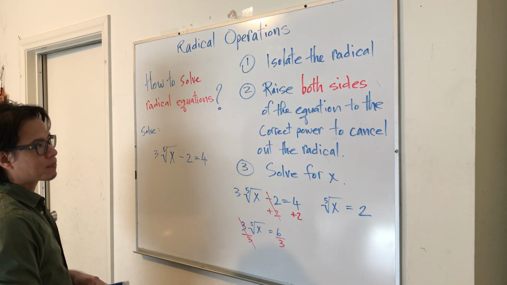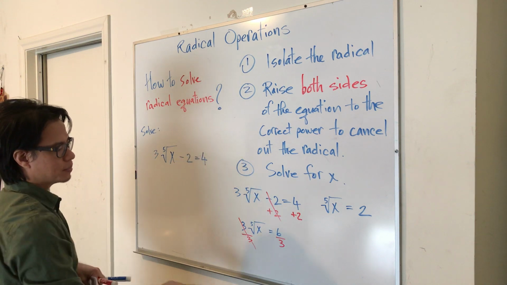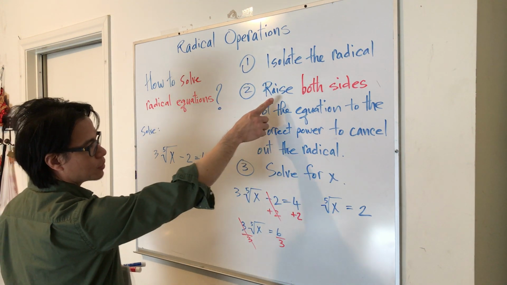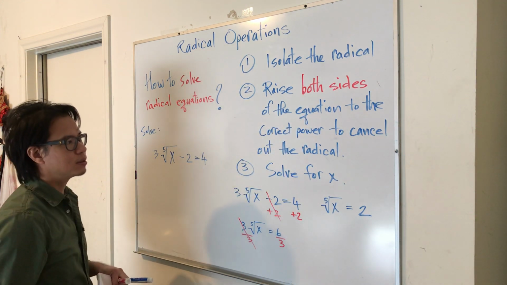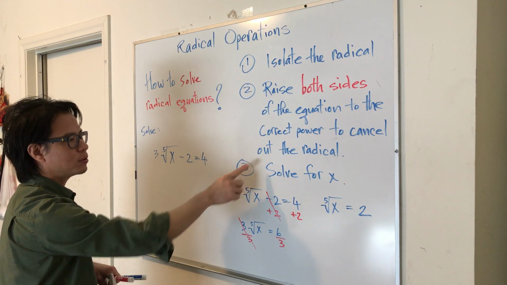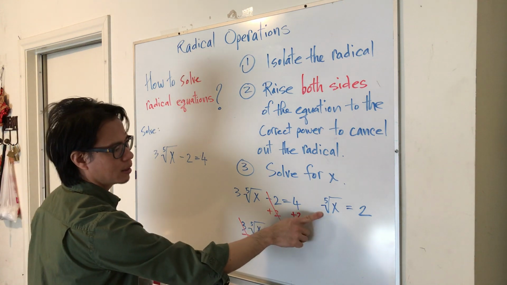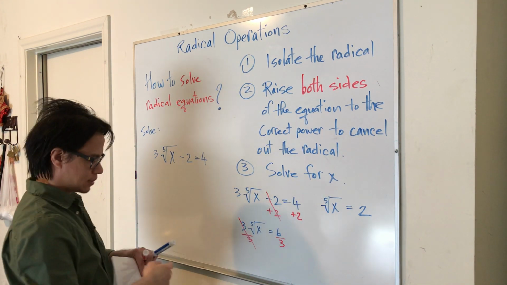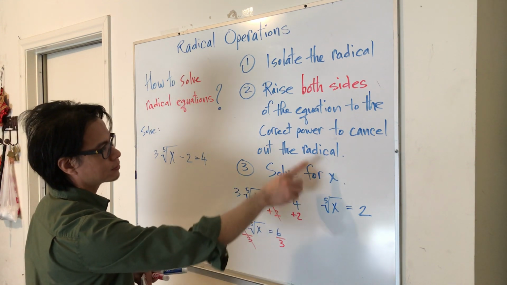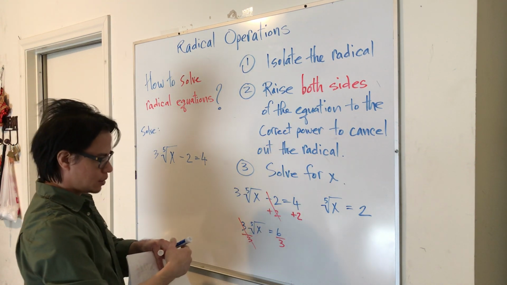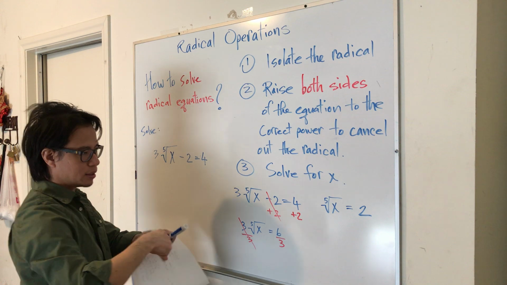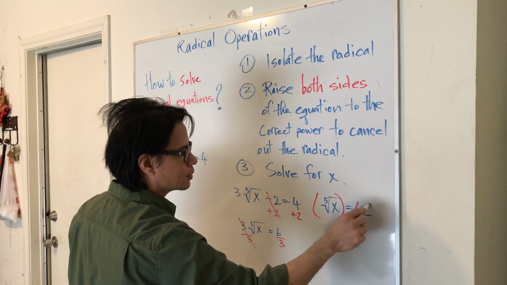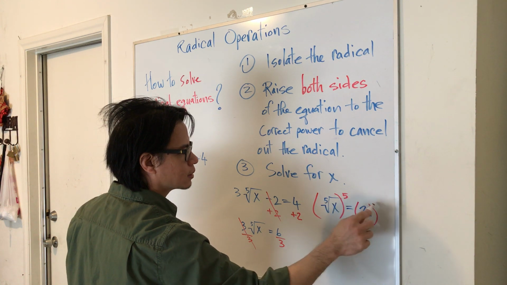Okay. Now we're at step 2 because you've isolated the radical. Now you need to raise both sides of the equation to the correct power in order to cancel out the radical. Okay. So our mystery number here is 5. In order to cancel out the radical here, you need to take both sides to the 5th power.